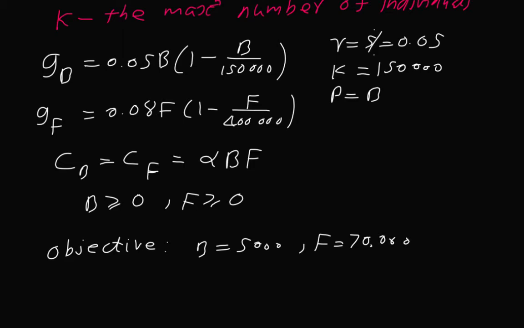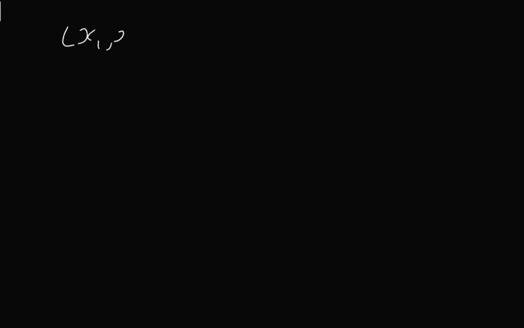Now step 2. Step 2 is to select the modeling approach. We will model this problem as a dynamical system. So like last time, we consider n state variables. Then we have functions f1 to fn that represent the rate of change. So I will write down the same, f1 of x1 to xn.